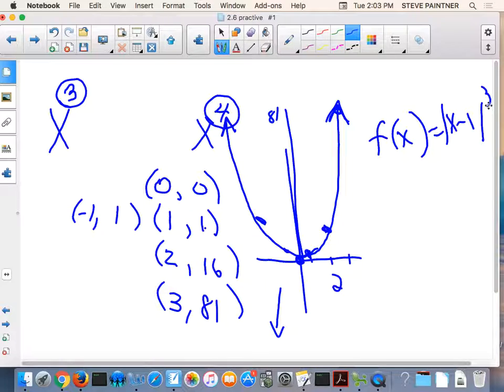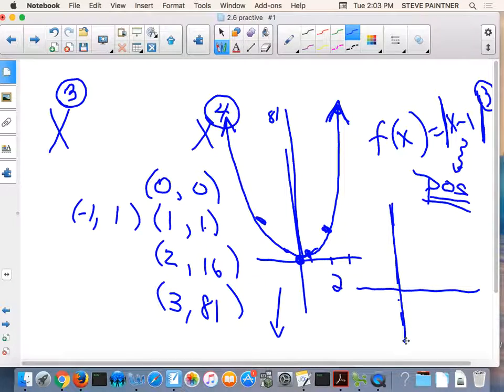Whatever comes out of this right here, absolute value, what kind of numbers come out? Now, the girl next to you said it's the distance from that number to 0. So distance is always what? Positive. So when you cube a positive, you'll always get a positive. So you're still going to get your V.